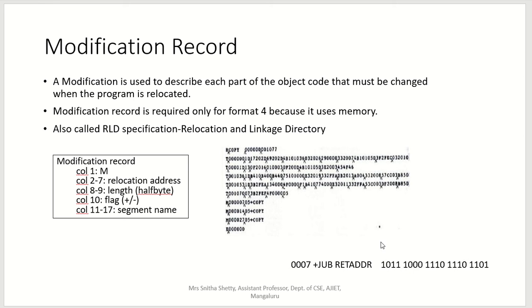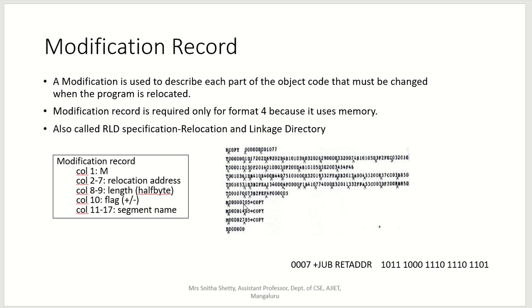I'm repeating this once again, so don't get confused here. How many half bytes? 1, 2, 3, 4, 5. So it is 05. So this is the modification record.